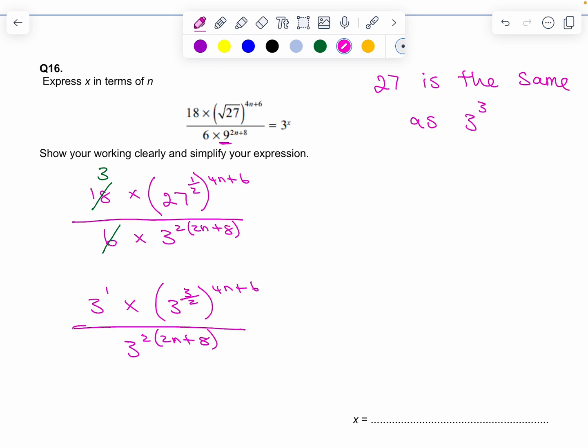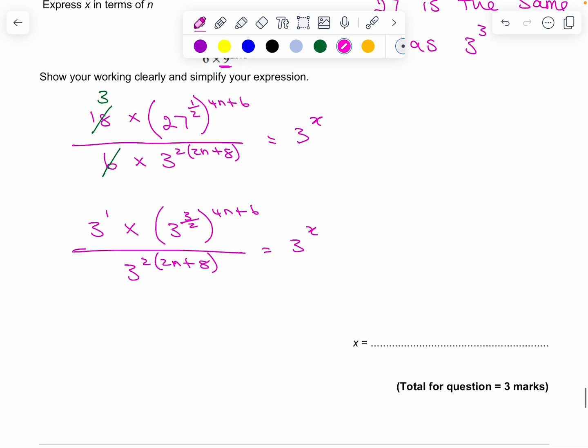Okay, we're almost getting there. And remember, this is all 3 to the power of x. So we're almost getting there. What I would do now is, remember, when indices are next to each other, we can just multiply them. So we've got 3 to the power of 1 times by, so I'll just get rid of that so you can see it clearly.